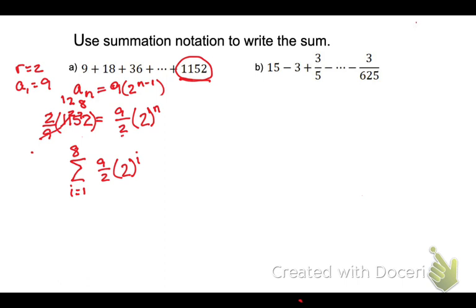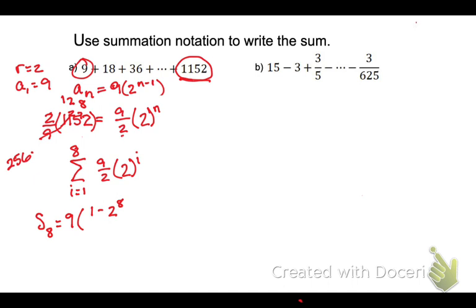So I have S sub 8 equals A sub 1, which is 9, times 1 minus r to the n, where r to the 8 is 2 to the 8, which we know is 256, because we just figured that out.